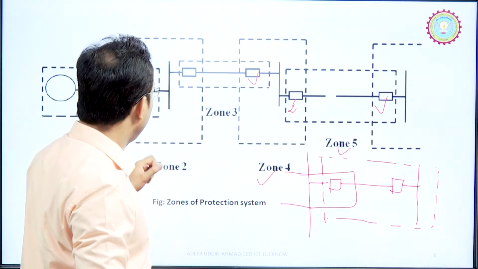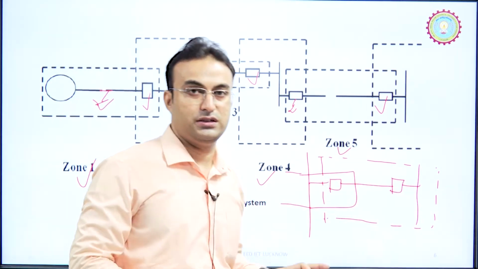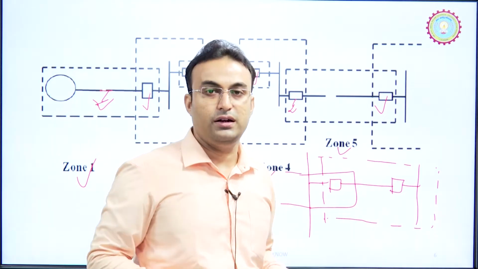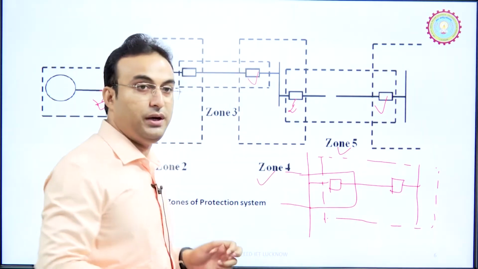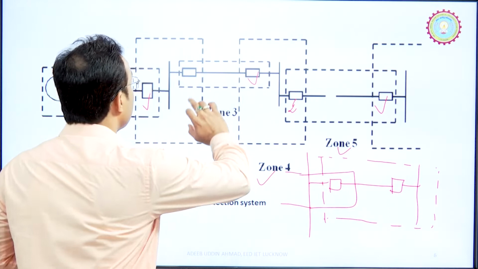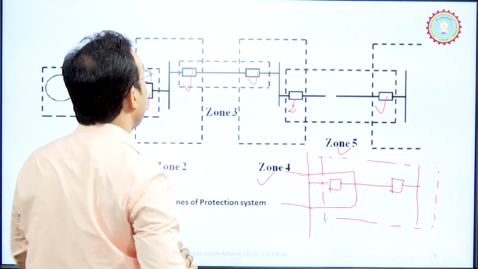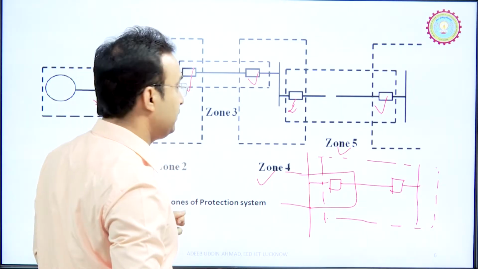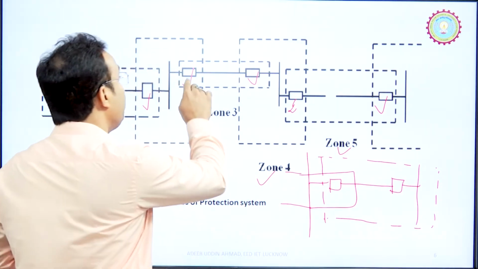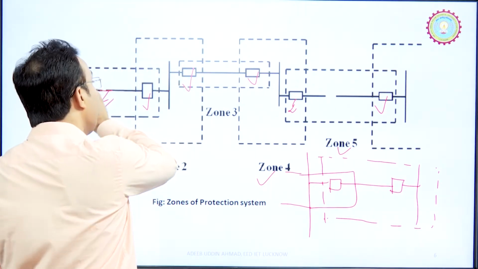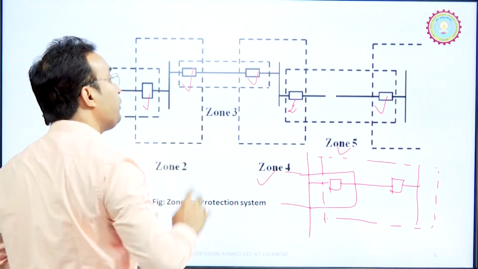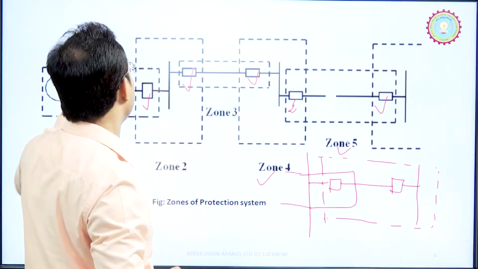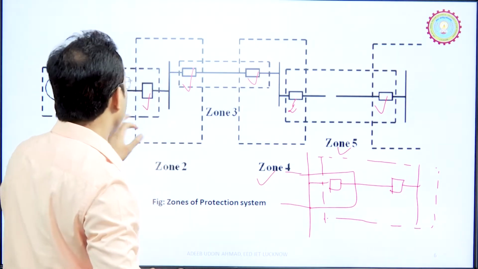Now, if this primary protection fails, if some condition or failure occurs so that this circuit breaker does not operate, then it is the responsibility of that circuit breaker to operate after this circuit breaker. So, this circuit breaker behaves as a secondary protection, or you can say backup protection, for the primary circuit breaker.